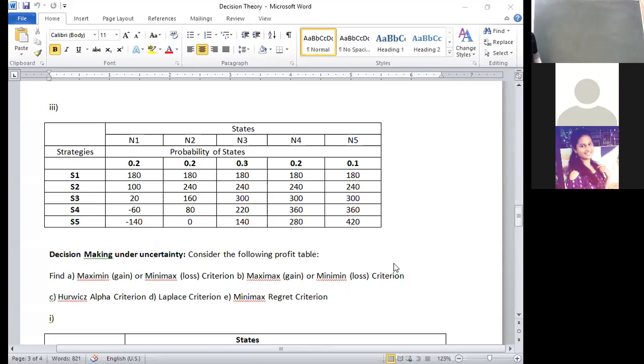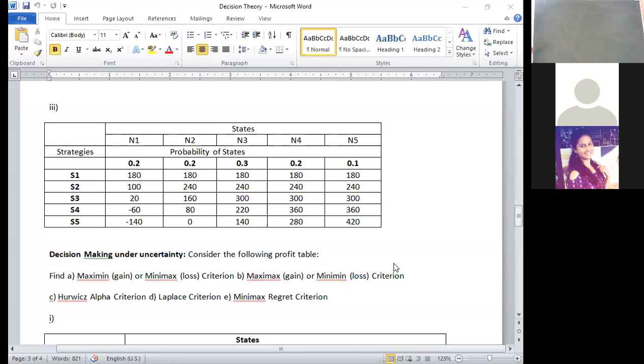Right now, we are having decision making under uncertainty. Decision making under uncertainty includes those decisions where the probability of occurrences of different outcomes or states of nature cannot be estimated.